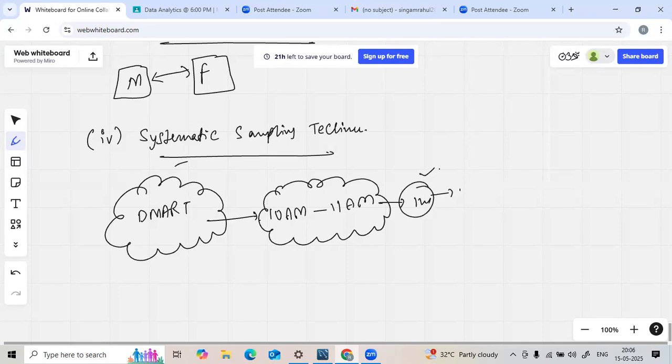Assume that 100 customers are entering DMart between this one hour time gap. We consider all these 100 customers as your population.